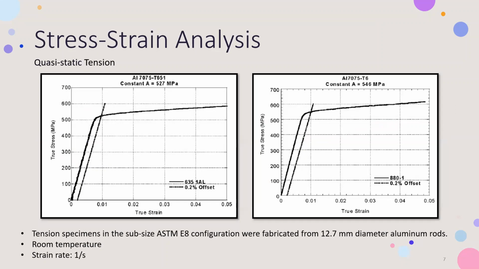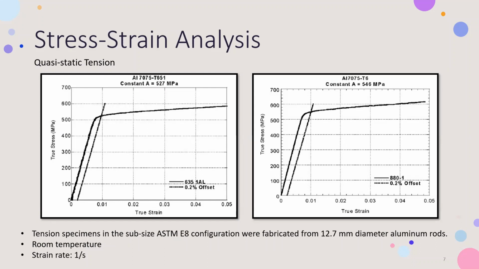And if we go over to the quasi-static tension test, this test was done with different specimens other than the ones mentioned before. This test specimen was in the subsize ASTM-E8 configuration, fabricated from 12.7 millimeter diameter aluminum rods, and it was at room temperature with a strain rate of 1/s.